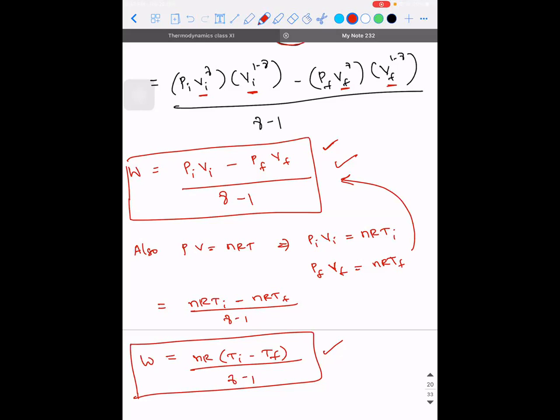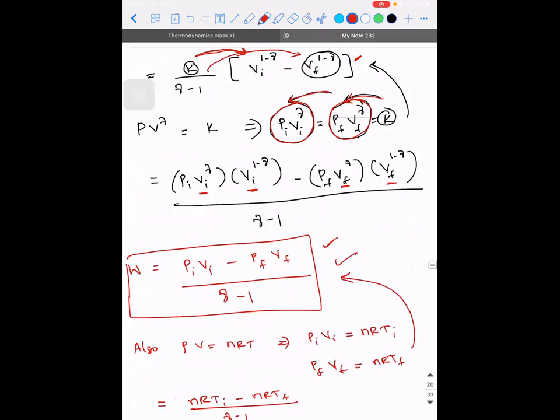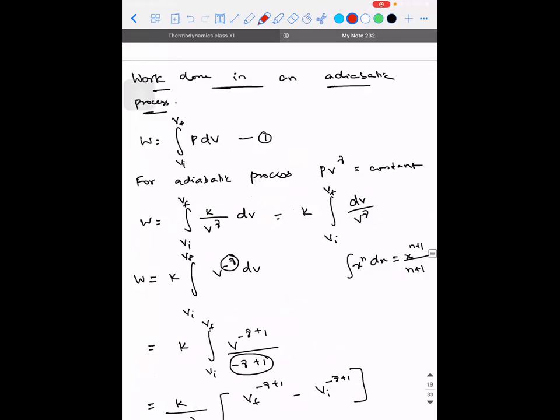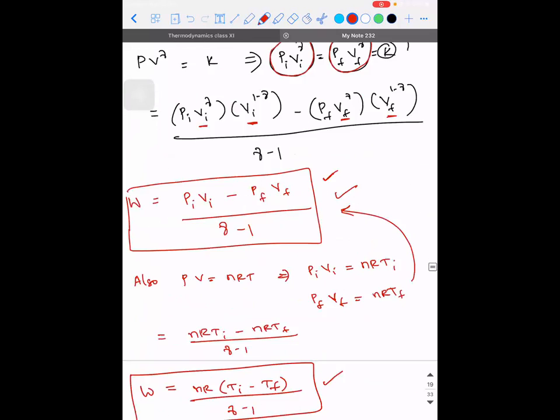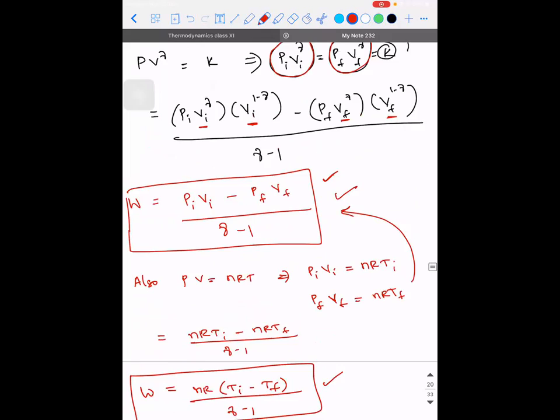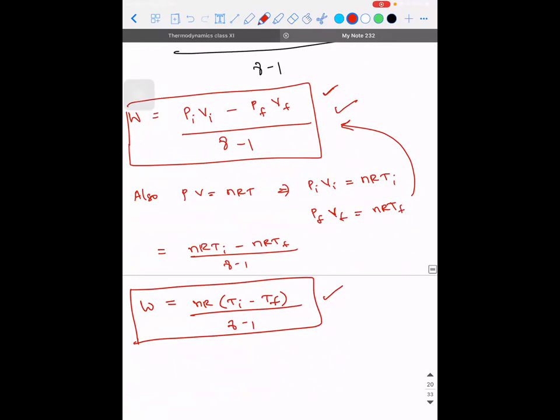Is it clear? If there is anything that is not clear in this derivation, please let me know. And as I told you, this derivation and the previous one are important. You will get it in a 3 marks question.